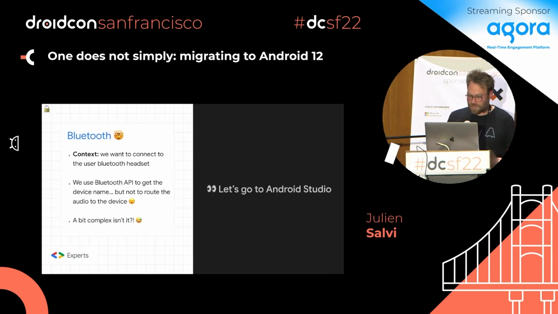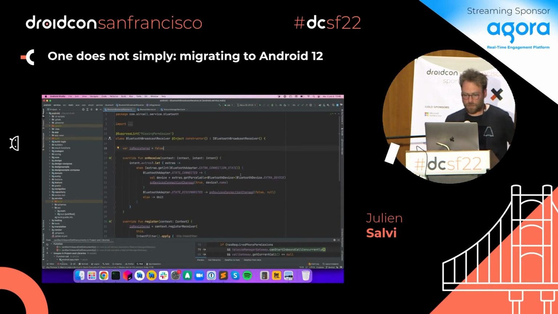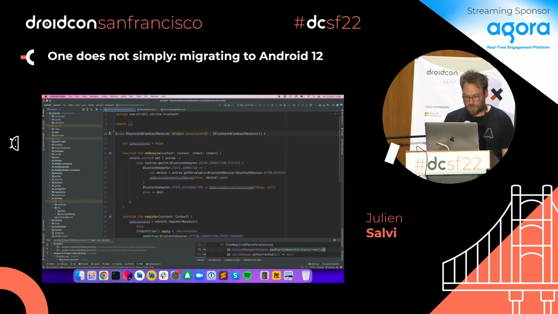Yeah, so let's have a look at Android Studio. So right here, we have our Bluetooth broadcast receiver. And if I uncomment this thing here, you can see the lint error here. As we are using only the device name, it requires the Bluetooth Connect.